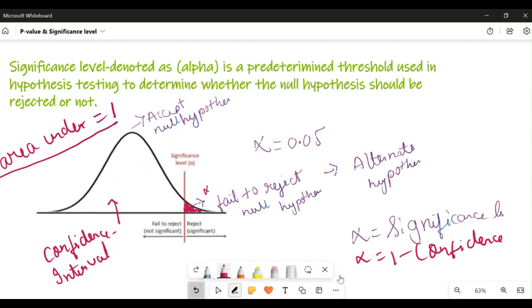I have represented the same thing over here: 1 minus confidence interval. So there are two ways of writing: alpha is equal to significance level, and alpha is equal to 1 minus the confidence interval. Now we'll move to the p-value, and after that we will compare it with the significance level and discuss how to use it. Okay, thank you.